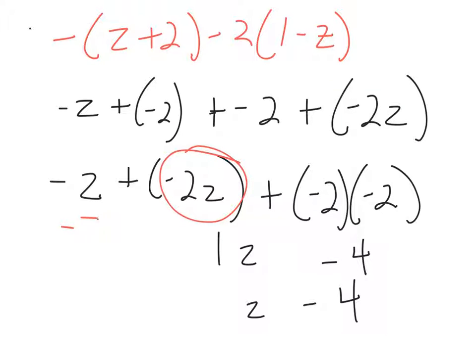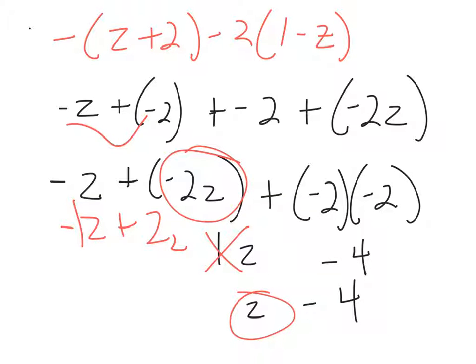So it should be negative z plus 2z, because we had two negatives, and so we're going to end up with a positive. So then we have basically negative 1z plus 2z equals 1z. We don't need the 1z, and we end up with the z there.